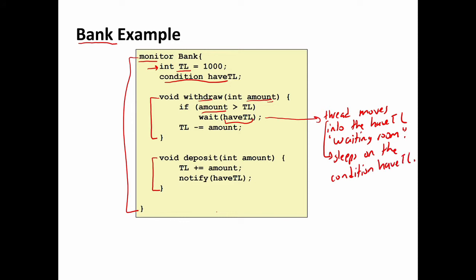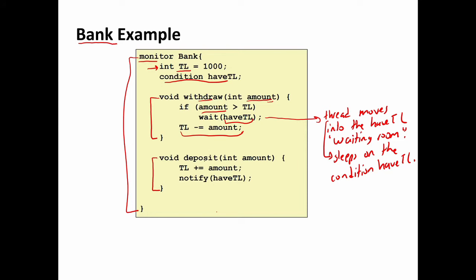So it will block here, and when it wakes up, then it can proceed. If this is not the case, if the amount was available, then it will be deducted from the deposit and it will exit. What about the deposit?